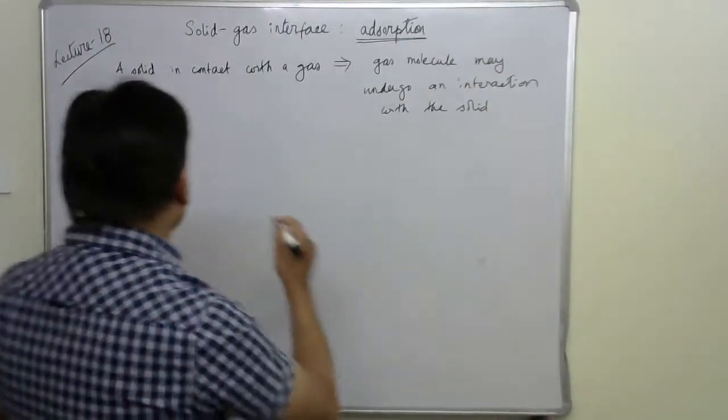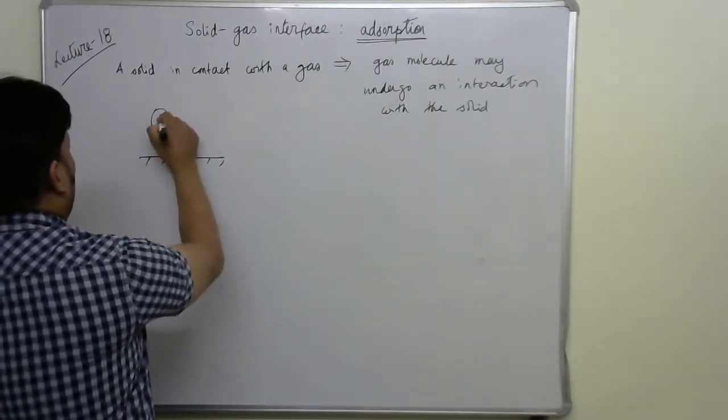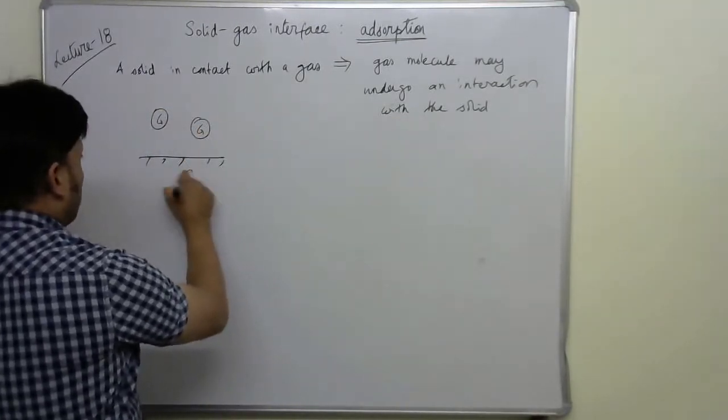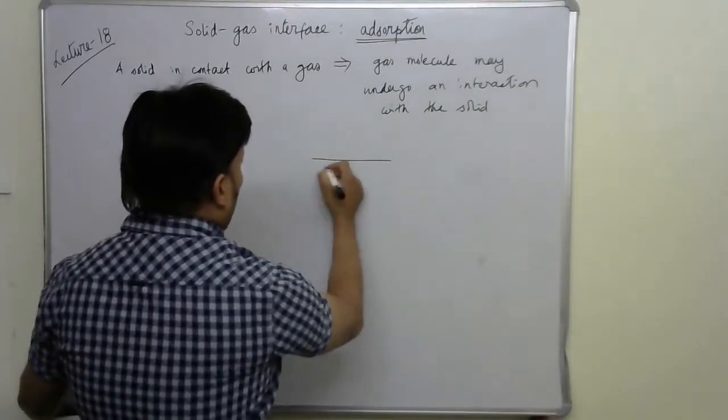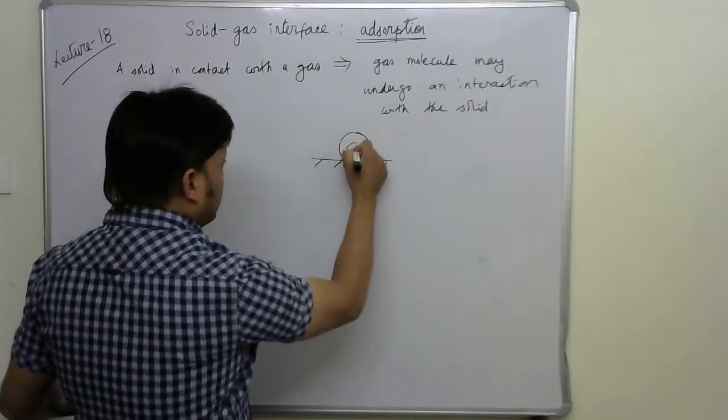So what I'm going to say is, when we have a solid surface and some gas molecules in contact with the solid, it may happen that the gas molecule gets attached to the surface.